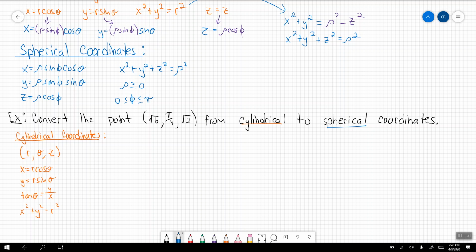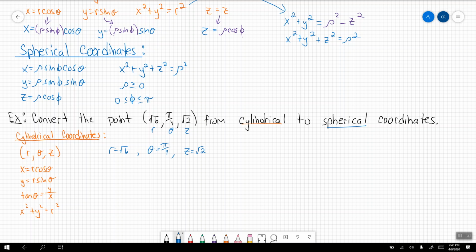Now from spherical coordinates, I know all of this up here. Really quickly, I'm going to start identifying what was given to me. This was r, this is theta, and this is z. So r is equal to √6, theta is equal to π/4, and z is equal to √2.